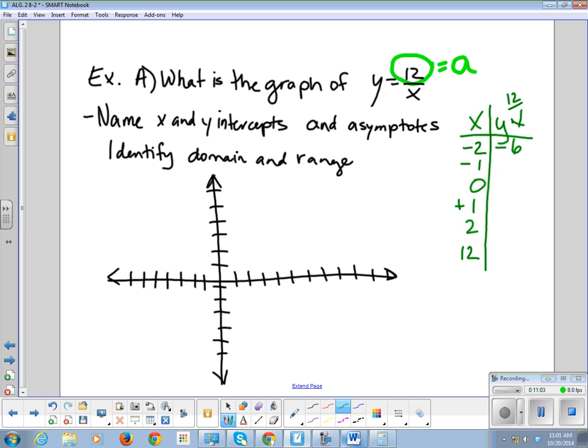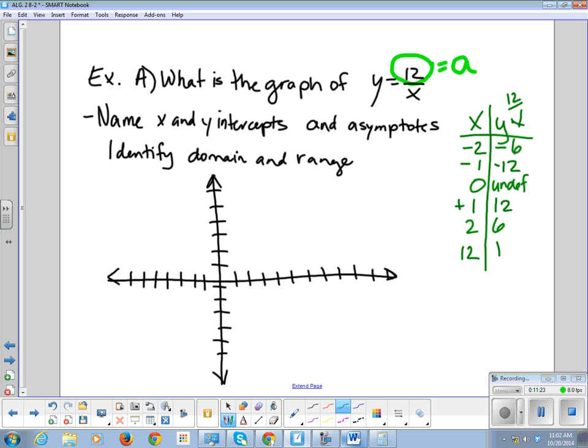When x is equal to -1, y is equal to -12. When x is equal to 0, we are undefined. When x is equal to 1, y is 12. When x is equal to 2, y is 6. And when x is equal to 12, y is 1.